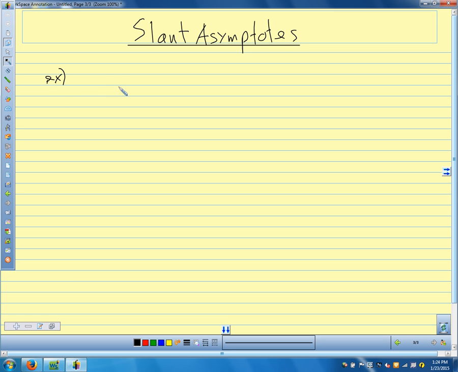So for this function, we have y equals x squared over x minus 2. We're going to follow our guidelines and get our information about our function. What do we want to find first here? Vertical asymptote.